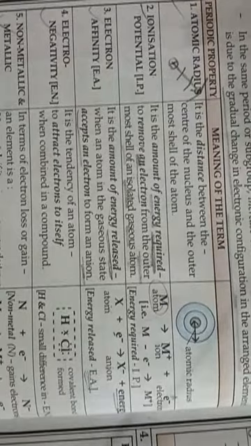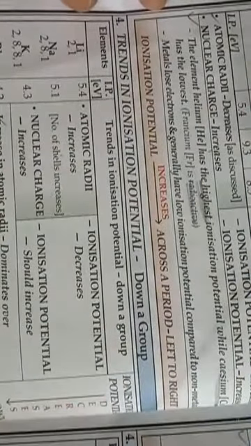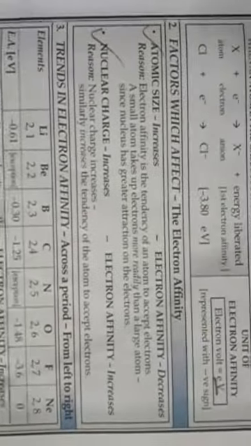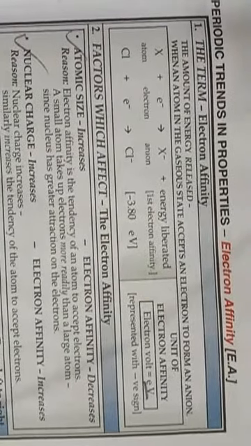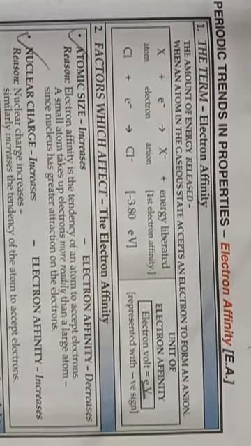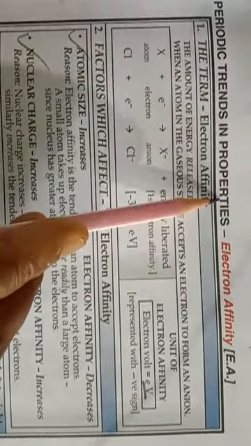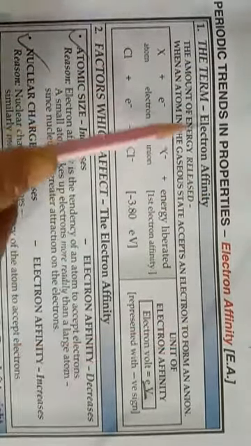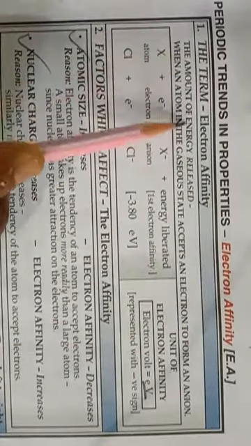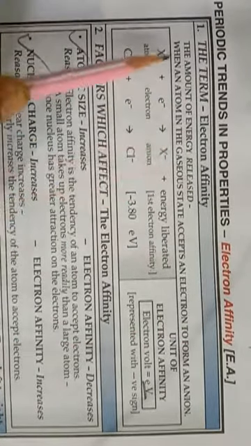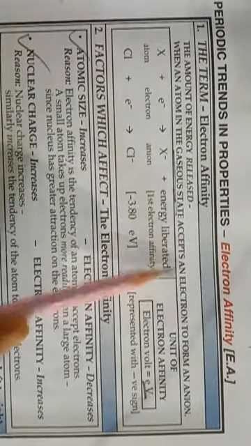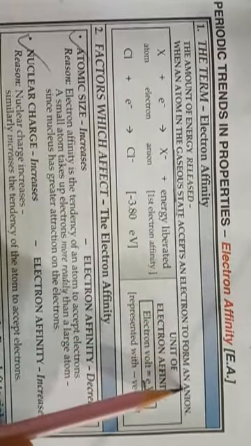Now for detail we are moving to page number 11 of your book, and here the electron affinity property is given in detail. Electron affinity: the amount of energy released when an atom in the gaseous state accepts an electron to form an anion.